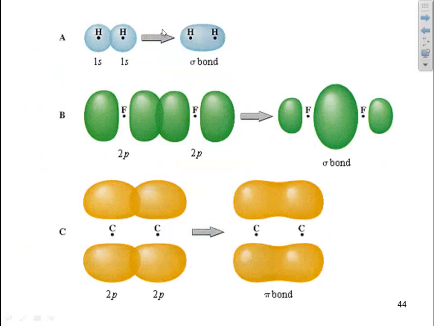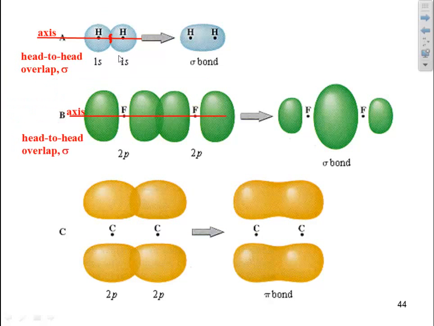Okay, let's look at this. You got 2 hydrogens. If I figure out where the axis is, okay, it's right along here. You can see my overlap. It's along the axis. That's where my overlap is. So this is a head-to-head sigma bond. Look at the next one. Axis is right here.